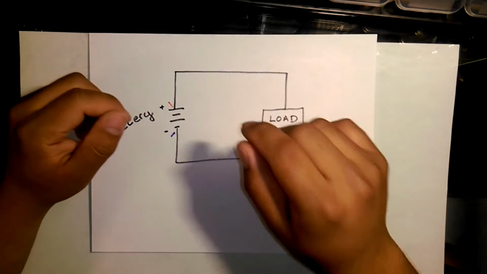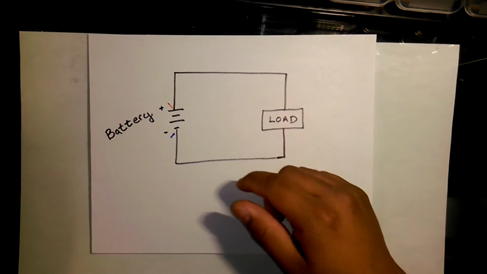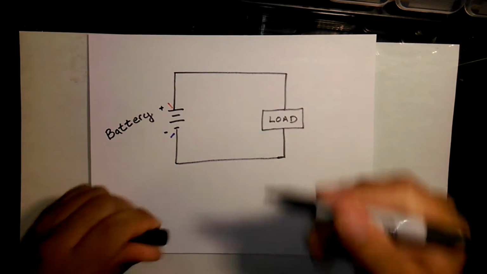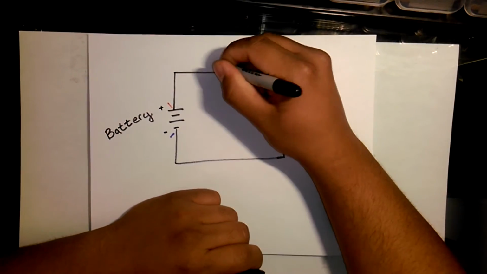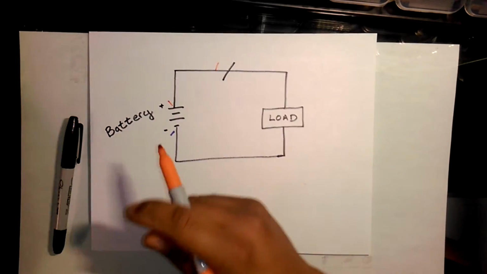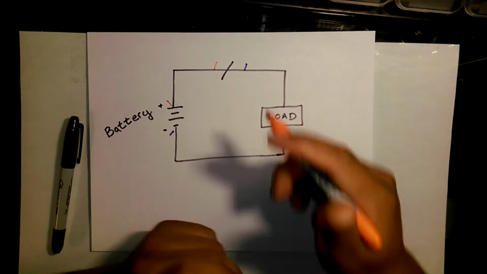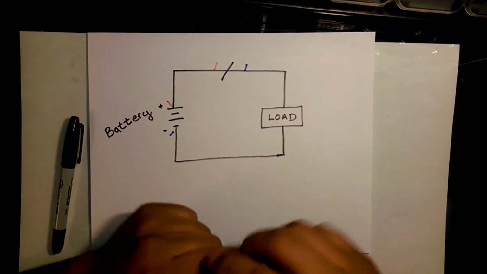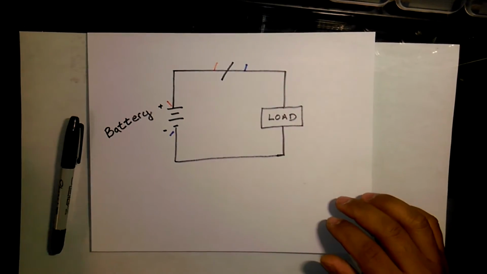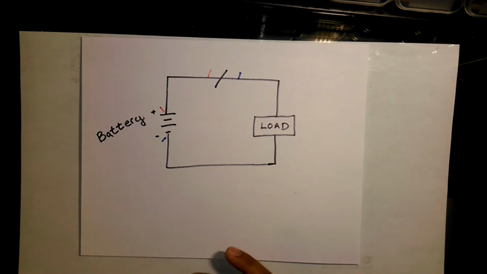On top of that, if you were to measure the current flowing through this system by making a break somewhere here and connecting the positive end of the amp meter here, and the negative end of the amp meter here, so current is forced to flow through the amp meter, you also would get a positive result. So instead of talking about it, or drawing it, let's actually do it.